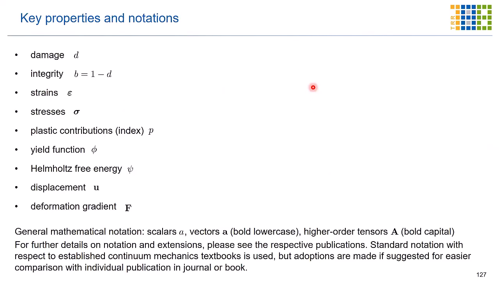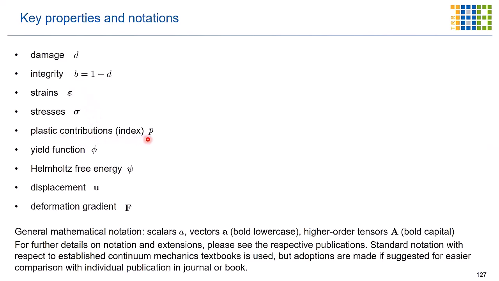Then these are some key variables you may find in this presentation, and also in other lectures or books. Damage shall be described by D. Integrity is 1 minus D here. We have strains epsilon, stress is sigma.